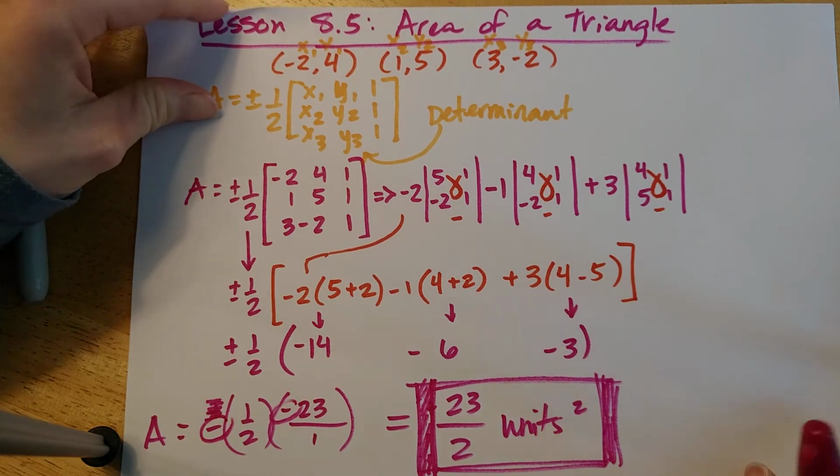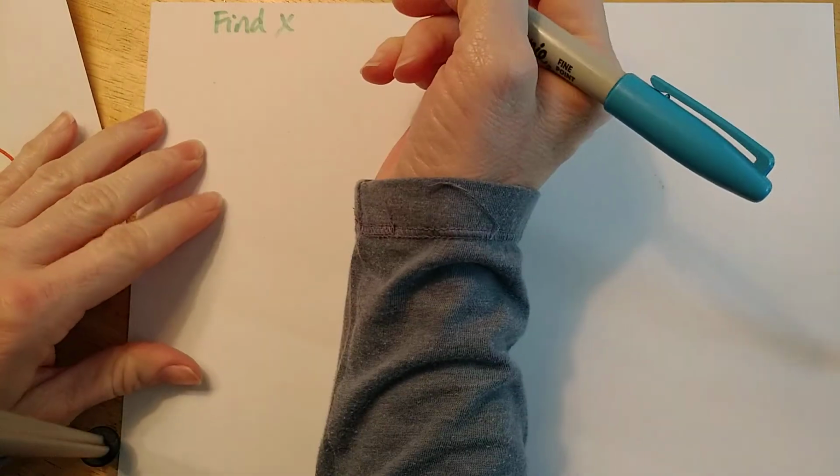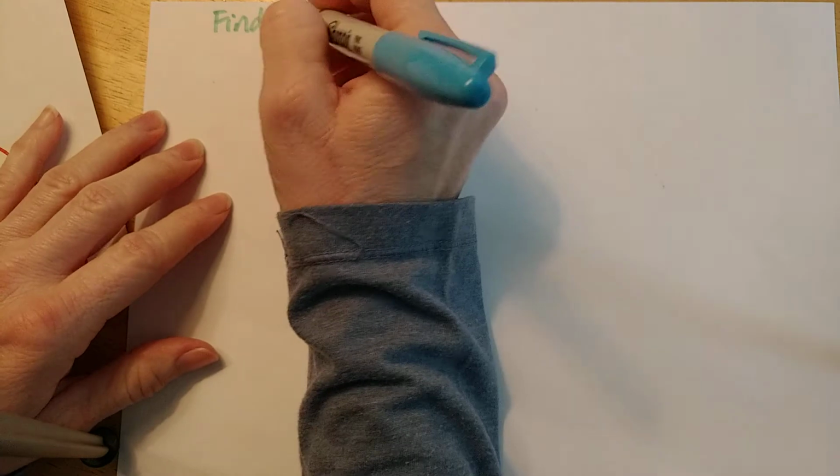Okay, so here's another example for you. We have area of a triangle, pretty straightforward with all our numbers there, but what if we aren't given all our coordinates at once? Yikes. Okay, so here is an example. We have to find x, and we're only given these values.